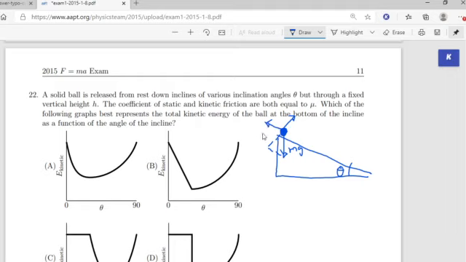Then we have friction, and mu is the same for both kinetic and static friction, so it's just equal to mu mg cosine theta. This is theta since it's a similar triangle. Then this is mg sine theta.